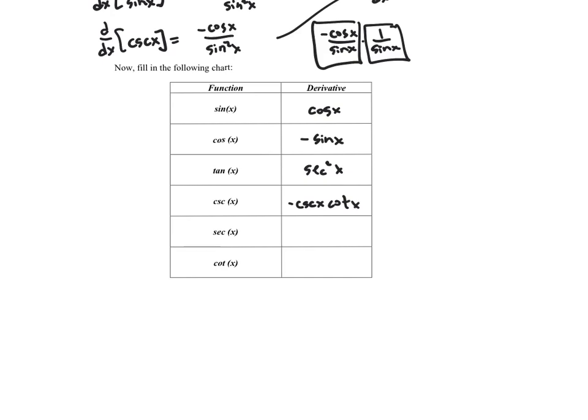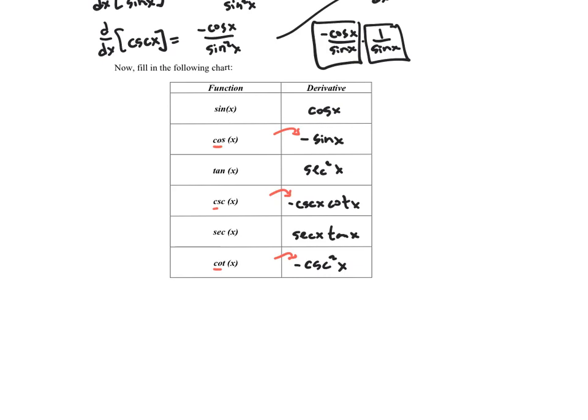Derivative of secant is secant x tangent x. And derivative of cotangent x is negative cosecant squared x. All right, notice any function that starts with a c, its derivative has the opposite sign. The rest of them, the sign stays the same.